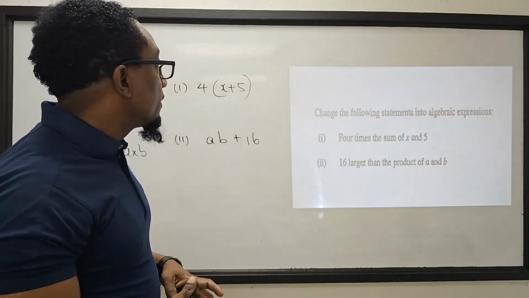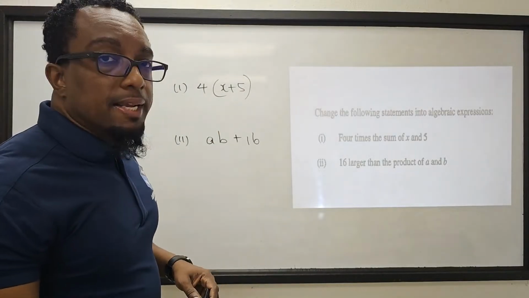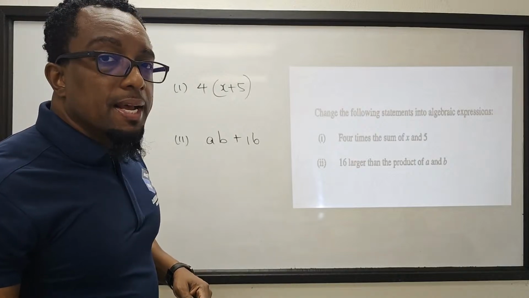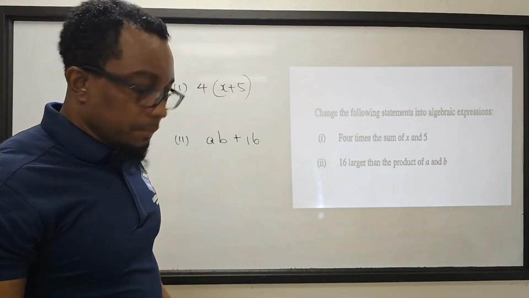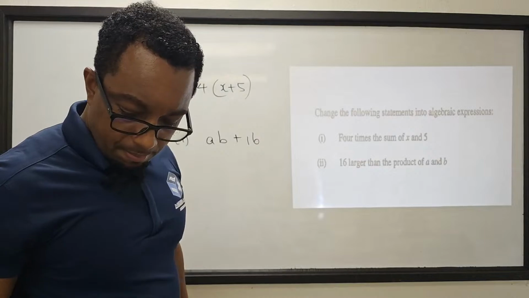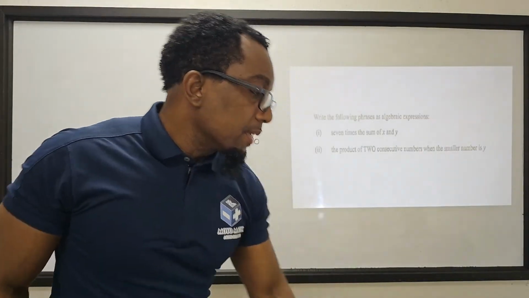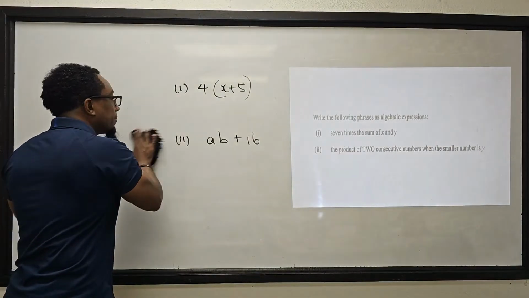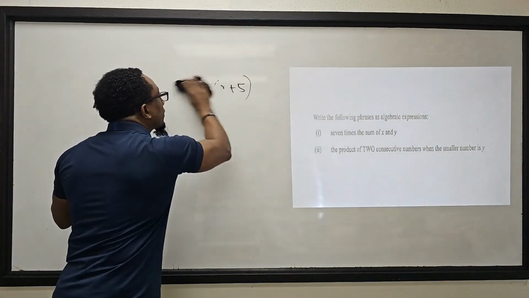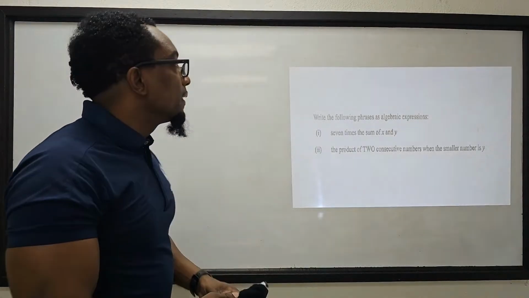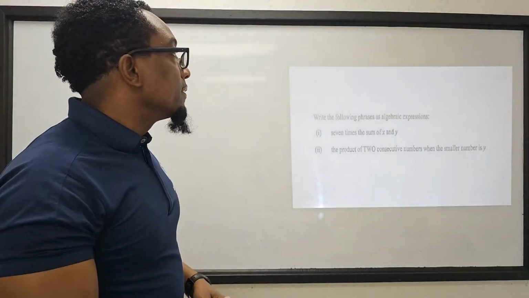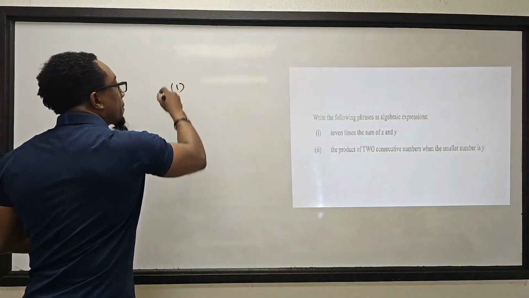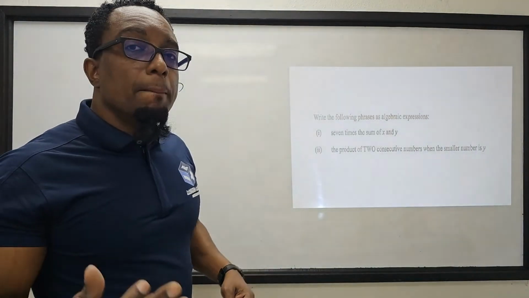So making sure we understand, we see such in the exam, we are able to comfortably understand what is asked and answer accordingly. Yeah? So let's look at another algebraic expression where we are converting these phrases into algebraic expressions. 1. 7 times the sum of x and y.